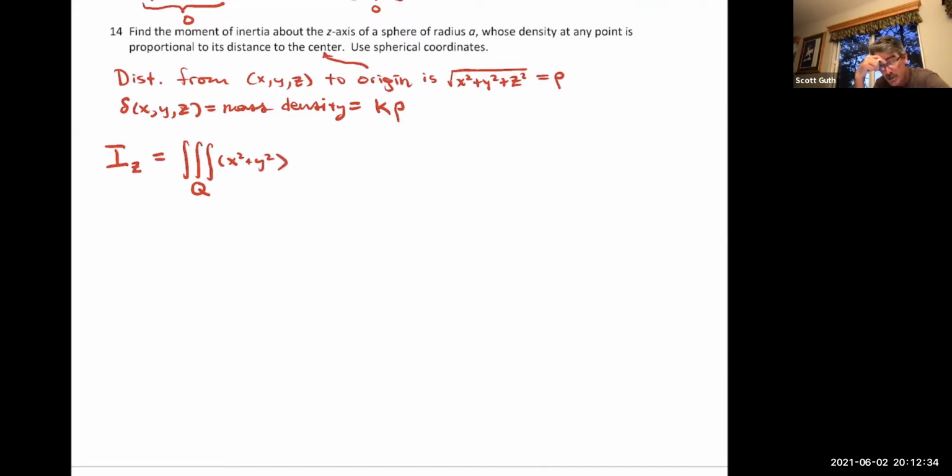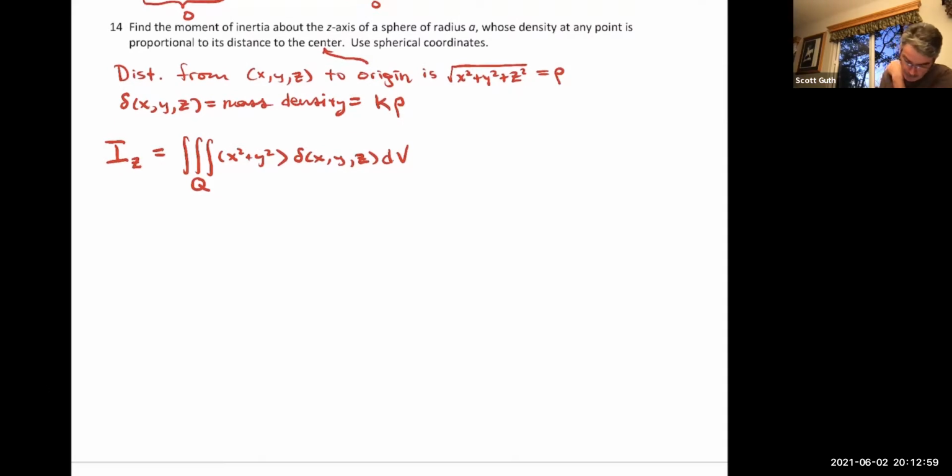Remember, moments of inertia are just distance squared times mass. So here's the distance squared to the z-axis times the mass density, delta of x, y, z, times volume dV. That's the formula for the moment of inertia about the z-axis.